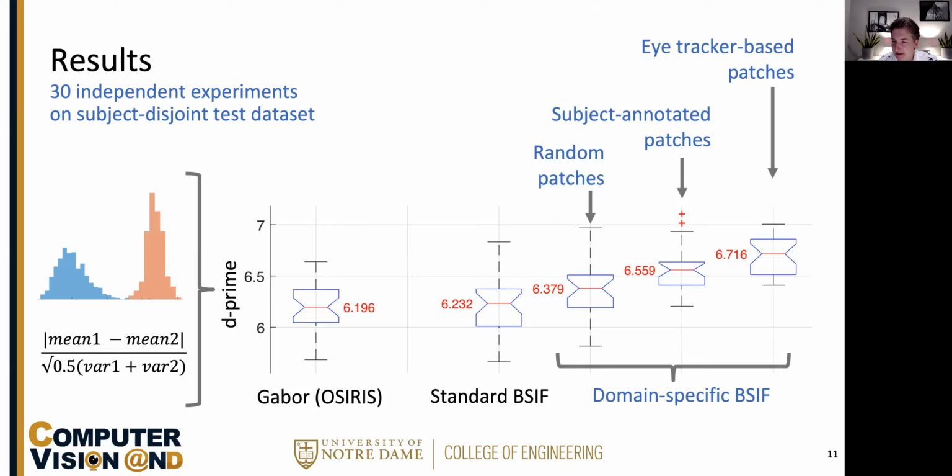They were not constrained by anything, by time or by doing extra tasks. The only thing they had to do was solve the visual recognition task. That's all. And probably the eye tracking approach actually collected the most useful information about human salience. And this result, better than Gabor wavelets and standard BSIF, is definitely statistically significant.